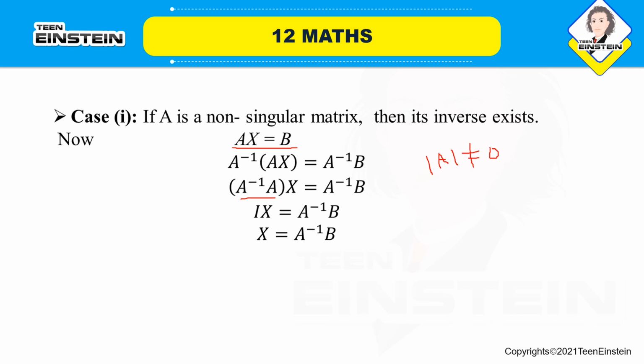So I into X equal to A inverse B. When you multiply any matrix with an identity matrix, you get the same matrix, so you will get X equal to A inverse B. So we are solving the above system of linear equations for X. What we are getting is X equal to A inverse B, provided A inverse exists. So this is case 1. What is case 1? If A is a non-singular matrix, then X equal to A inverse B, right?